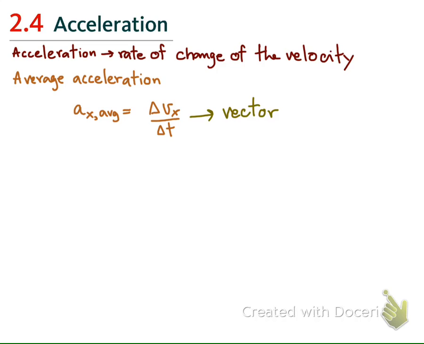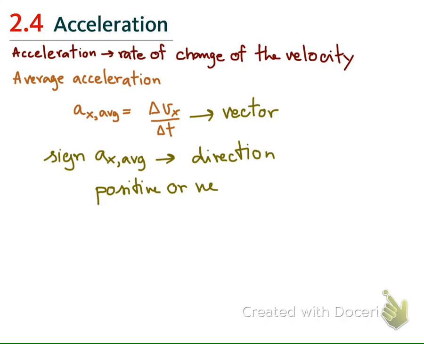And for the one-dimensional case, we use the sign of the average acceleration as its direction. So the average acceleration can be positive or negative.